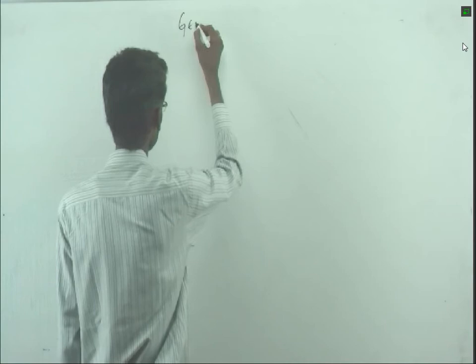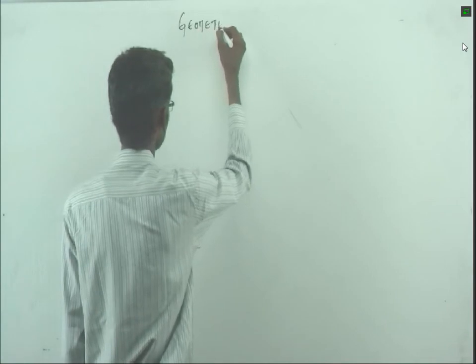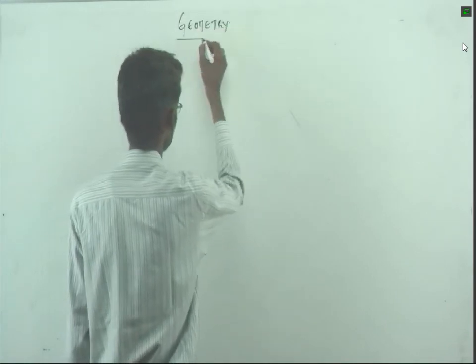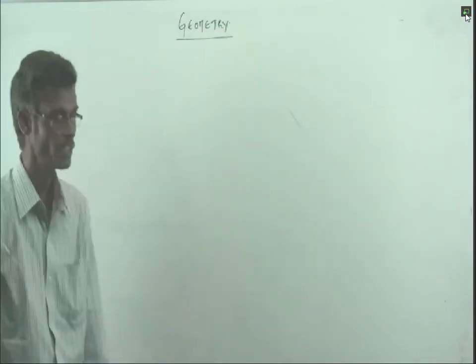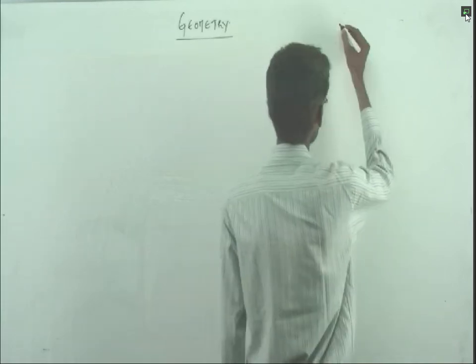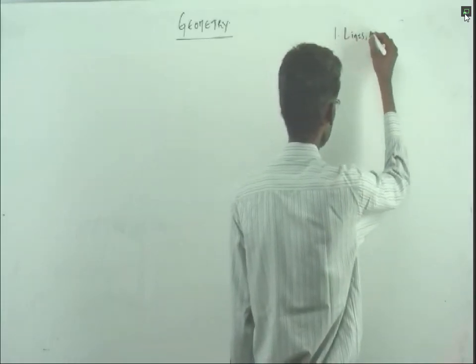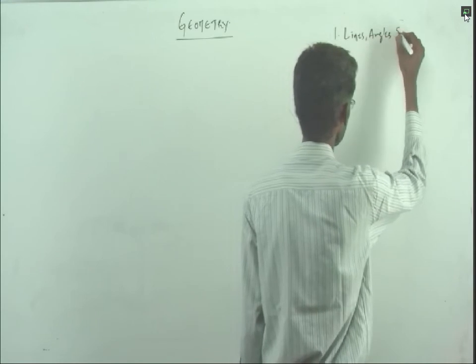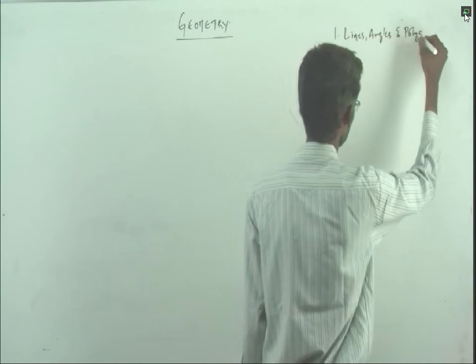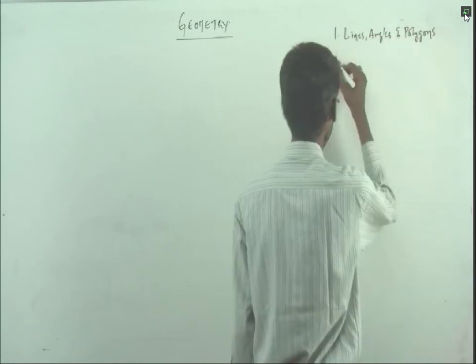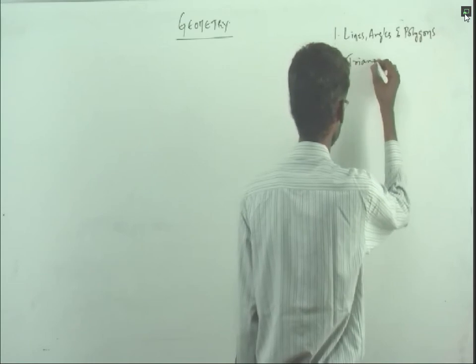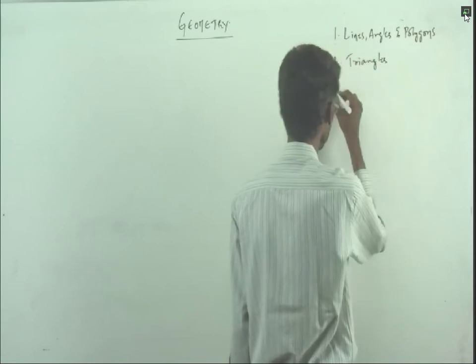Let us start with the topic called geometry. Altogether, there are 6 areas of geometry. First one is lines, angles, and polygons. And second one, triangles.